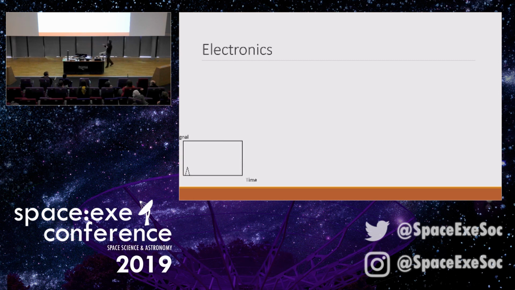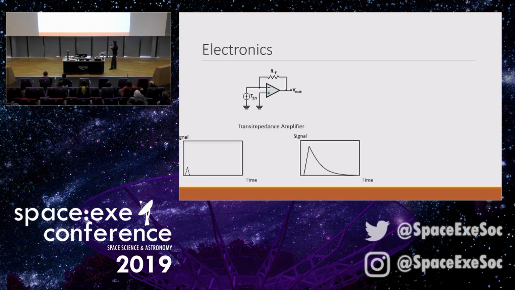So out of the sensor, we get a small signal. And purely from the sensor, we just get something that looks like this. Very small, very short in time, not very useful. So our electronics are going to be dealing with that. First, we put it through a transimpedance amplifier, which is a fancy way of saying an amplifier. What that does is it improves the magnitude of the signal, so it's much clearer to see.